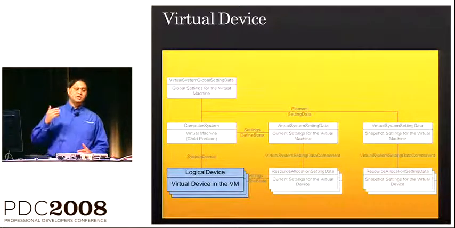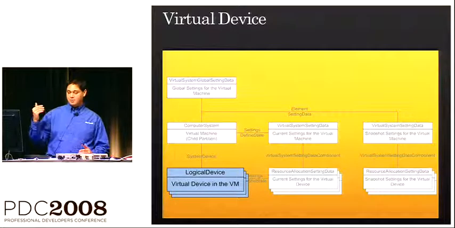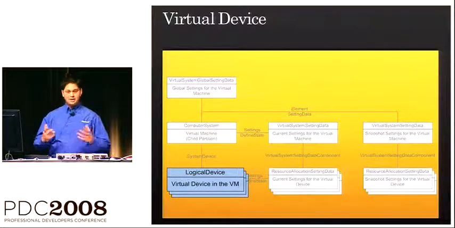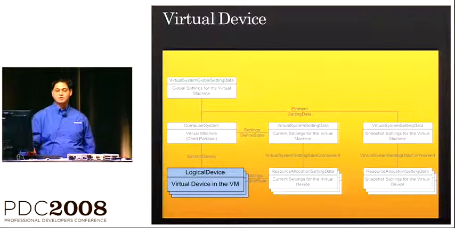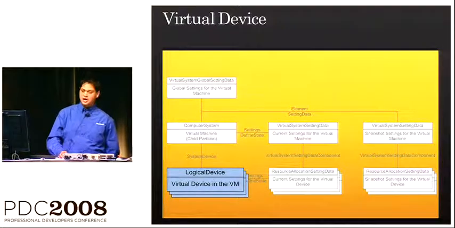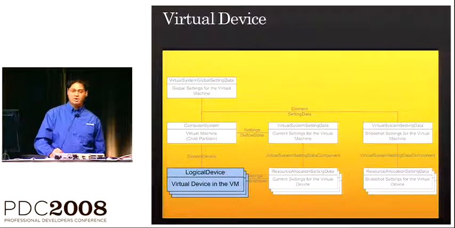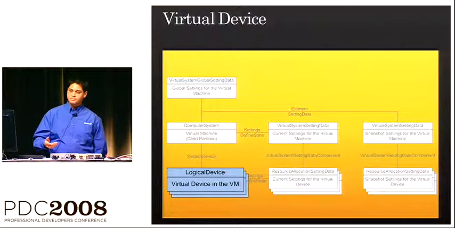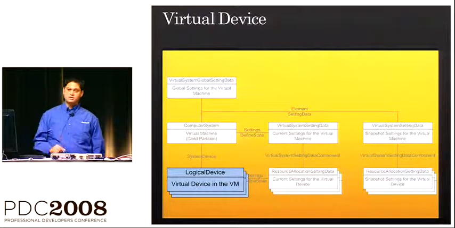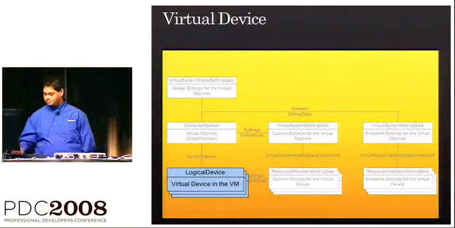You'll have one for memory, you'll have one for your IDE controller, etc. Another thing to understand about the logical device objects, and this is actually key when you're trying to program against them, is that these instances are only surfaced when the virtual machine is actually running. If it's not in a running state, for instance, if the virtual machine is saved or it's powered off, these logical device instances don't actually exist on the system.